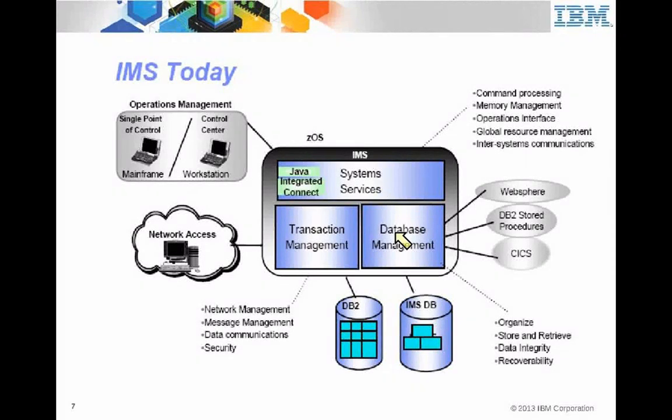The IMS database can actually be used as a data source by WebSphere, by a DB2 stored procedure, or by CICS, which is another transaction manager we're going to be talking about this afternoon. So CICS can use IMS DB as a data source. The IMS transaction manager could potentially use DB2 as a data source. So you can mix and match a lot of these middleware components.